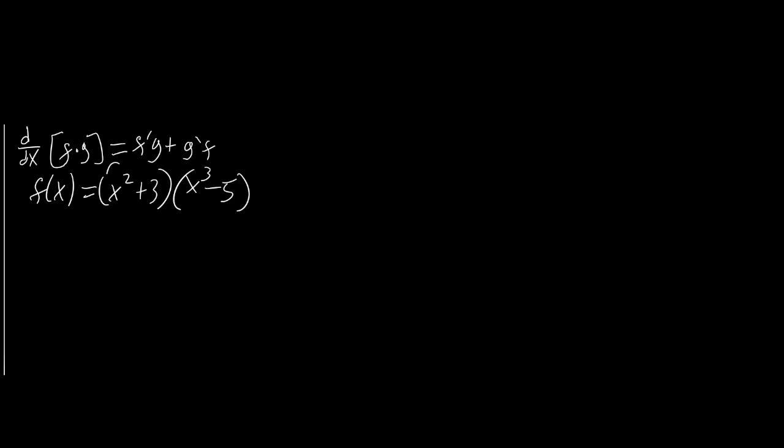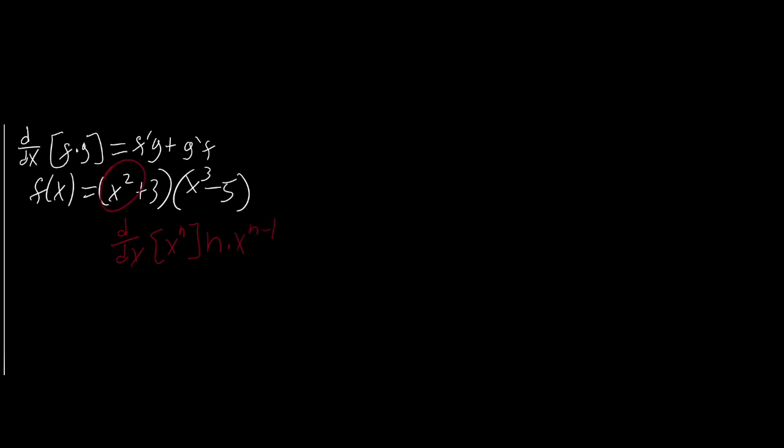Now let's get the derivative of x to the power of 2 plus 3. If you watch my other video, I made a video on how to get derivatives, and basically we're going to be using this formula, d over dx of x to the power of n is n multiplied by x to the power of n minus 1.